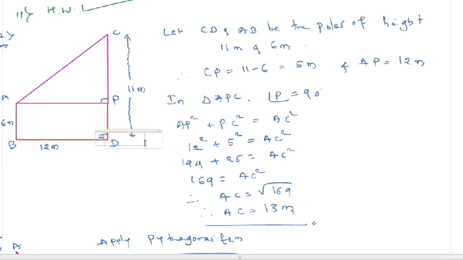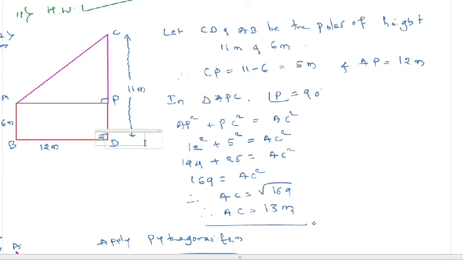If the distance between the feet of the poles is 12 meter, find the distance between their tops. Say two poles of heights 6 meter and 11 meter stand on a plain ground. If the distance between the feet of the poles is 12 meter, find the distance between their tops.